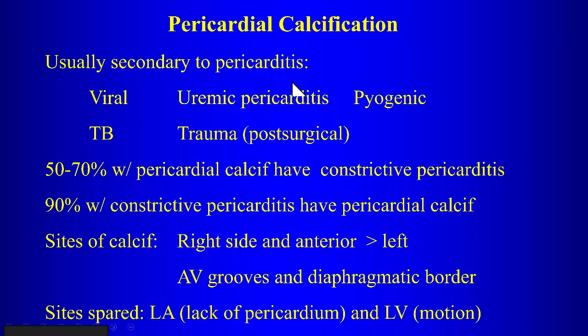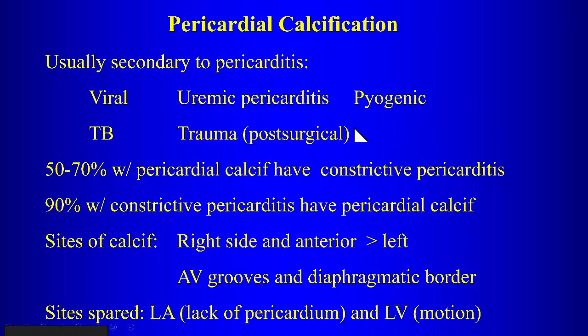So there are various causes for pericardial calcification. It can be post-infectious, like from viral infections, rheumatic pericarditis. Tuberculosis worldwide is a very common cause of pericardial calcification and a common cause of constrictive pericarditis. You can see it after pyogenic infections.